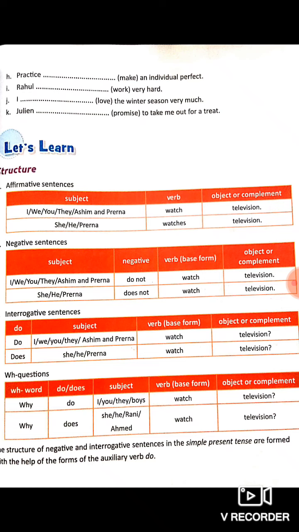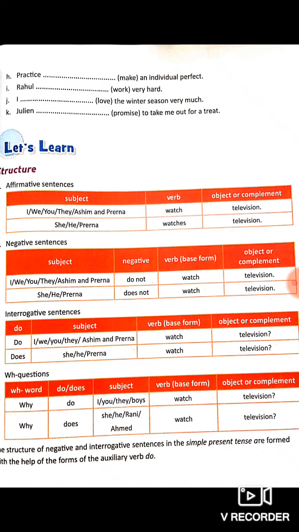The base form of verb watch, because we have introduced do here, we are going to use the base form of verb watch here. An object or complement is television. So I do not watch television, you do not watch television, they do not watch television, Ashim and Prerna do not watch television. Now for the third person singular: he does not watch television, she does not watch television, Prerna does not watch television. So we have added an es to the do verb because we are to use this with a singular third person.